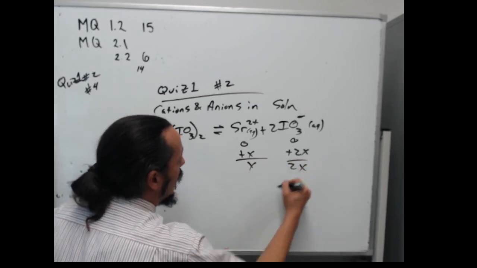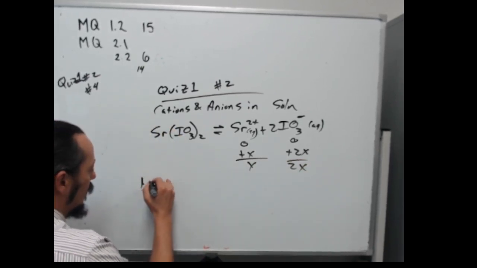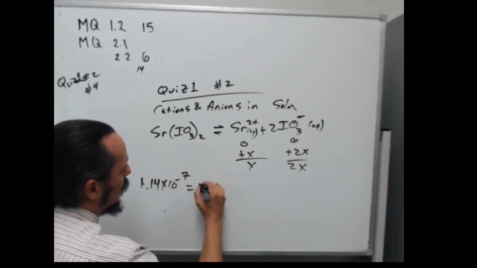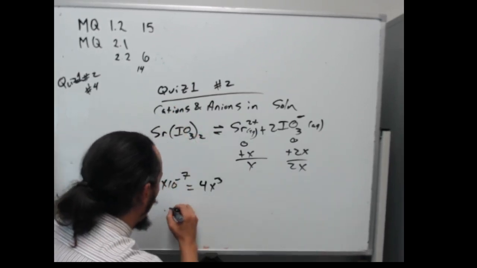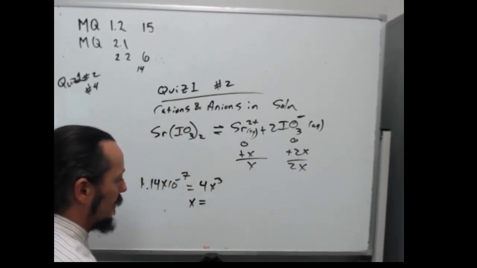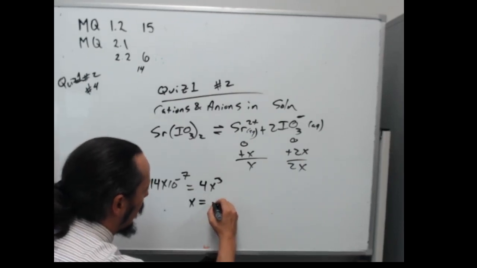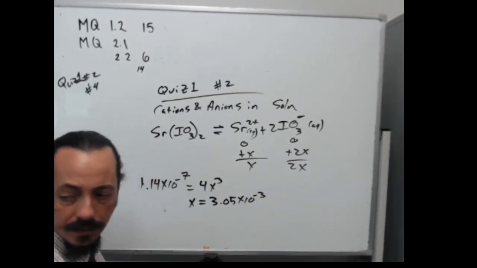We get, what's the KSP value? 1.14 times 10 to the negative 7 is equal to 4x cubed. We end up with our x value equal to? I got 0.00305. Yeah, 3.05 times 10 to the minus 3.